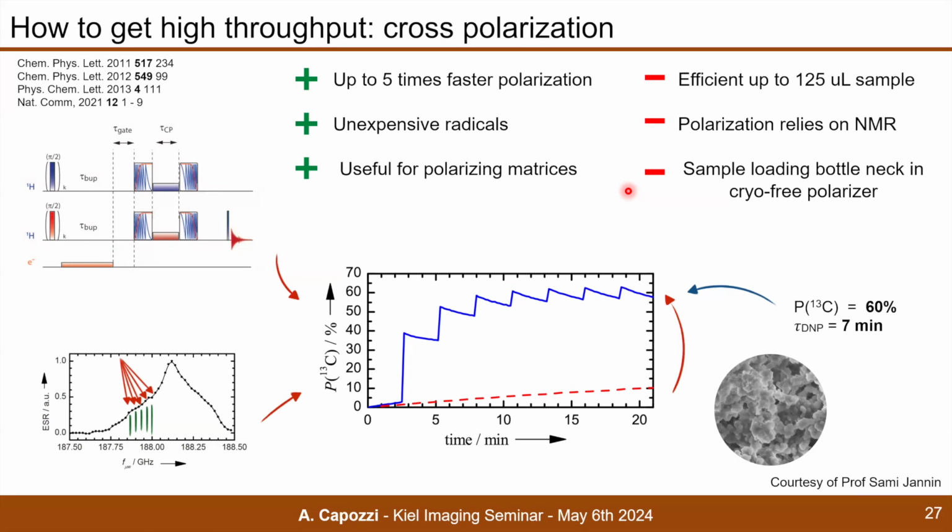Because the cooling power of this cryogen-free polarizer is limited, you cannot load and unload samples fast at will, so to say. So you have to let the system thermalize properly.